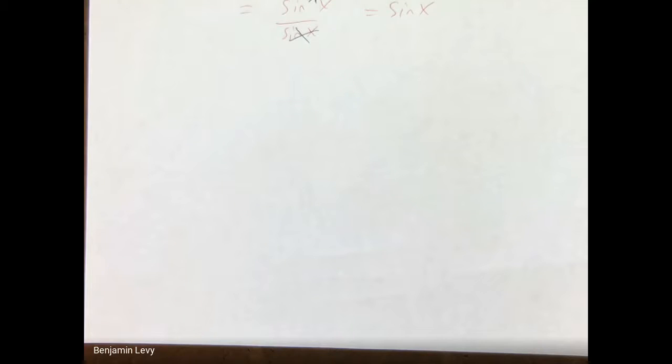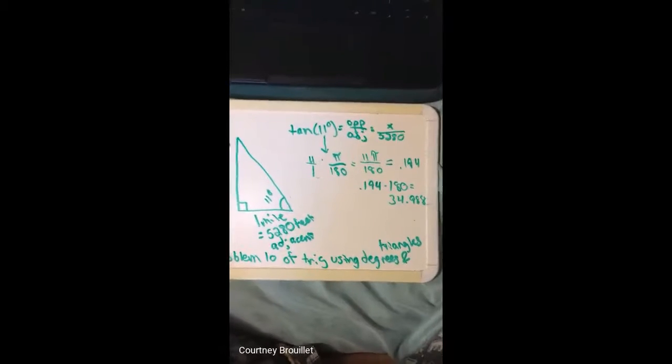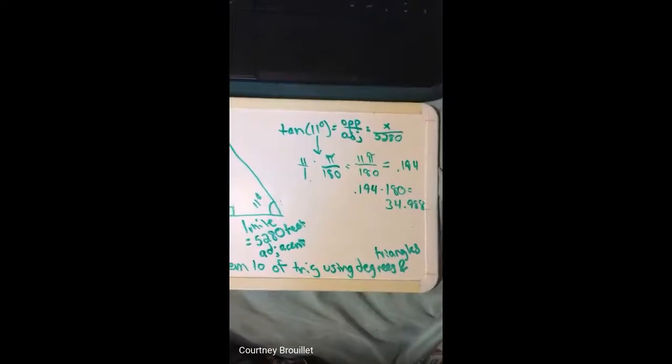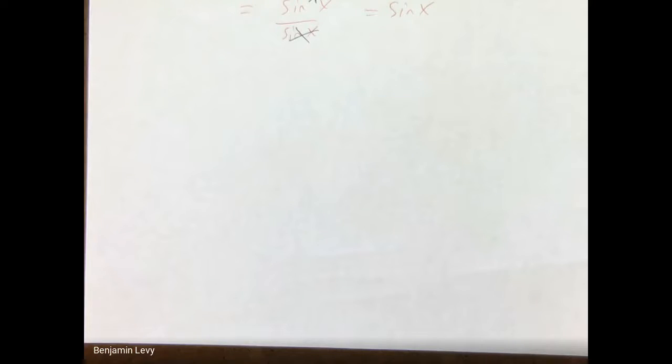Yeah. Okay. So you're wondering what to do about the tangent of 11 degrees, right? Yeah. So you should just use a calculator for that. It says in the end of that question, you will need to use a calculator to evaluate the trig function. So I don't have a degree symbol on the calculator.